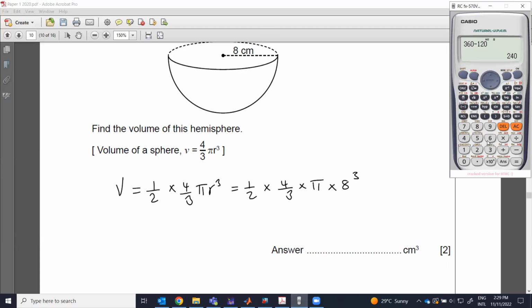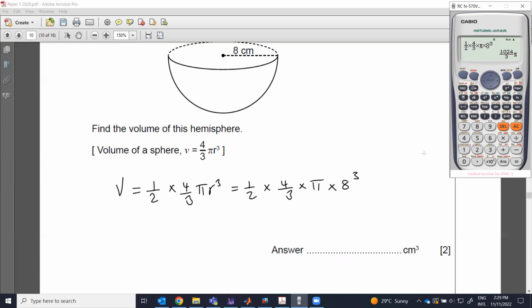This you can do on your calculator. Okay, I need to change the mode so that it appears nicely. So it's half times 4/3 times pi times 8 to the power of 3.